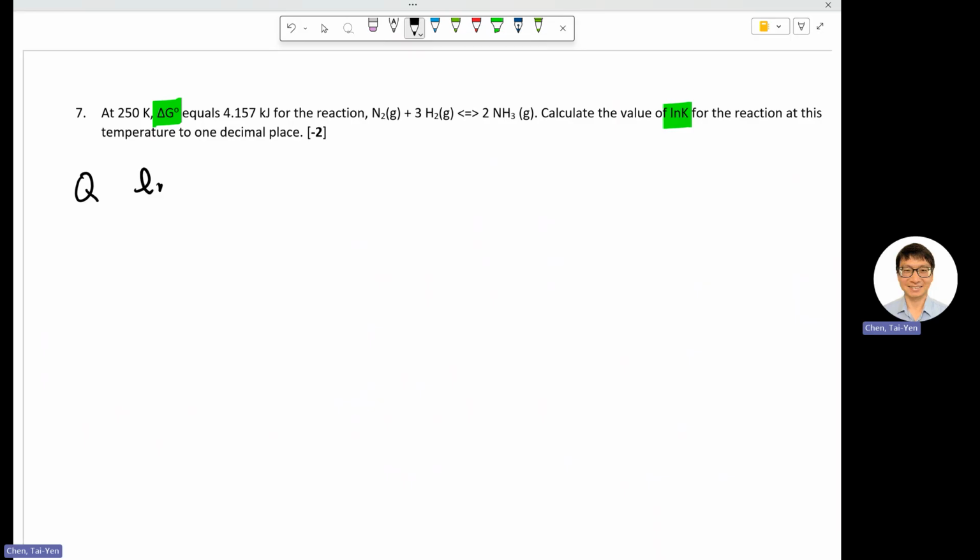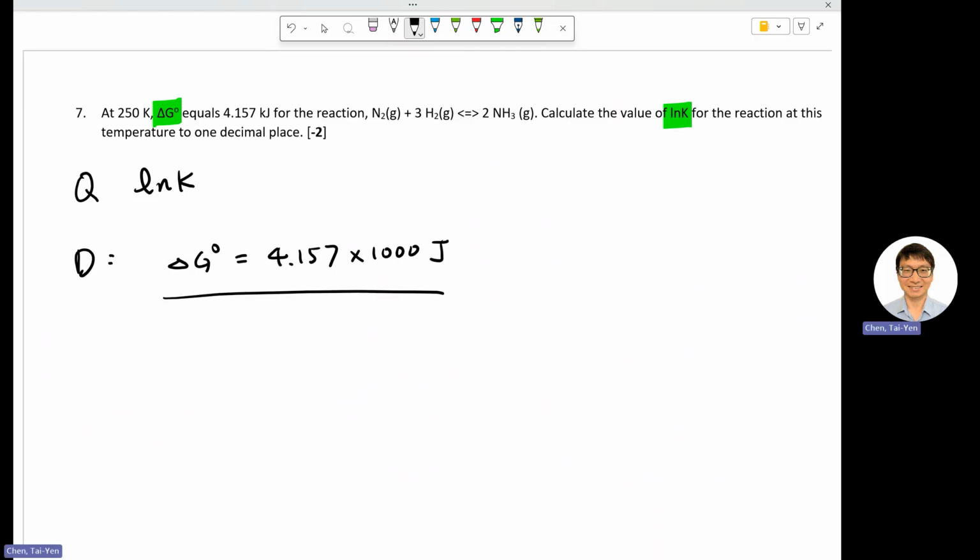You want to know your natural log K. The data that you have is delta G not equals 4.157 times 1000 joules. Temperature is 250 K.